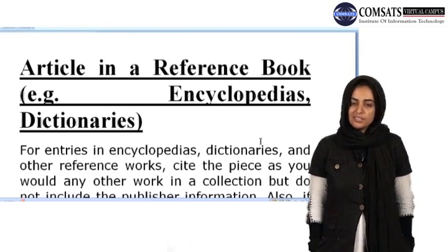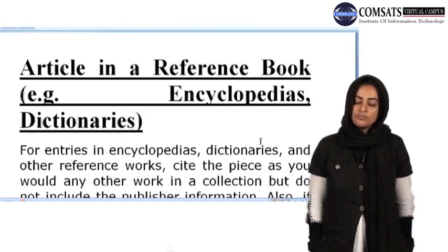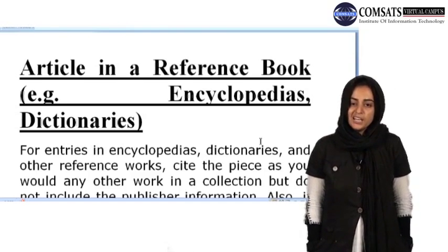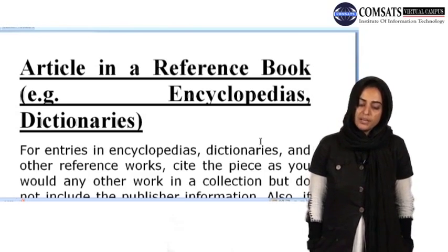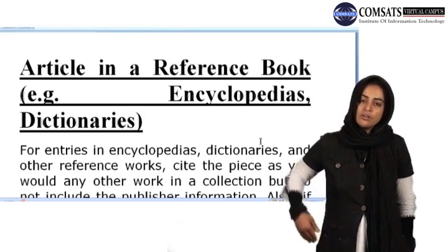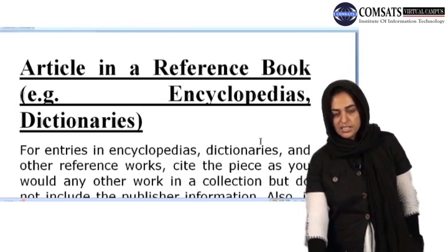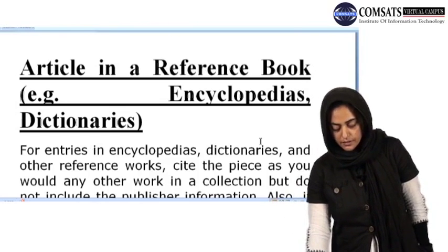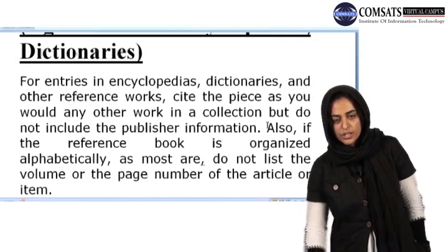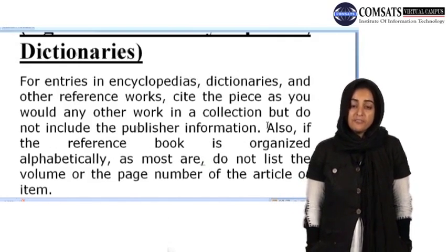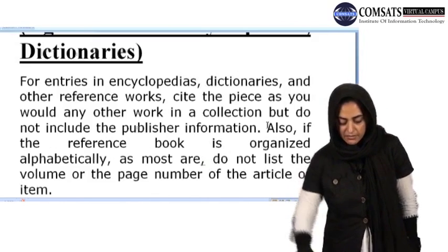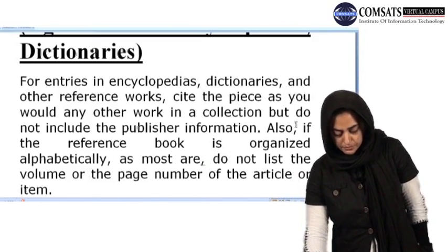In front of you on the screen is a situation in which you are creating the reference for something that you have taken out of some encyclopedia, some dictionary, or a book which is already a reference book. So what's the difference that you will find over here when you will be creating the reference in such a situation through the MLA referencing style? Kindly have a look on the screen, dear students.